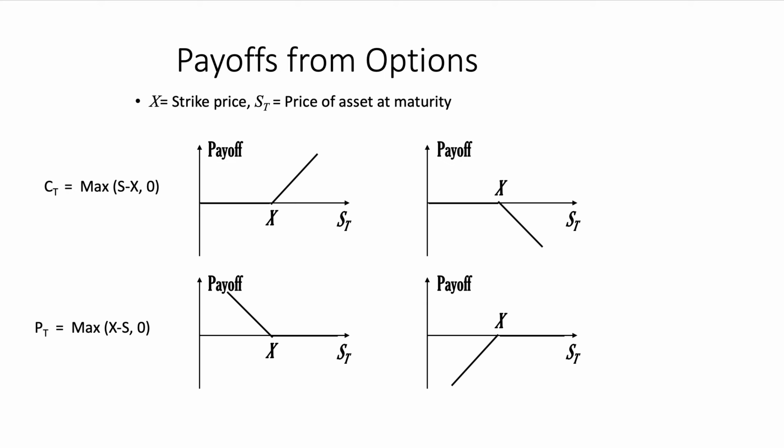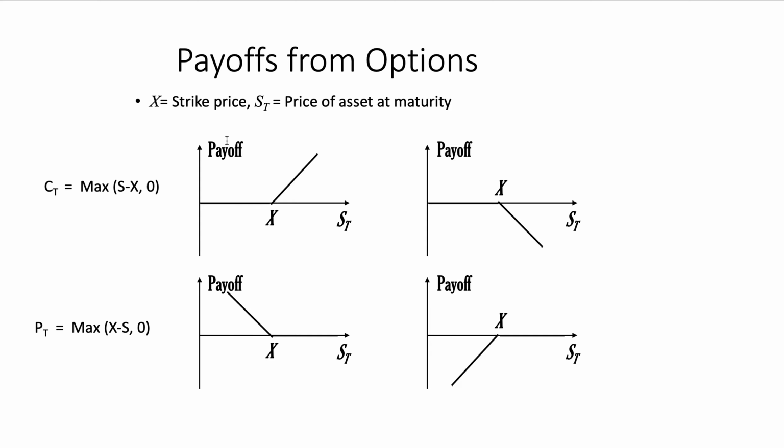But for a call, mathematically, we say the call payoff at maturity equals the maximum of ST minus X or 0. The 0 is a floor. You never have any possible loss. Why? Because the contract puts a floor on the payoffs.